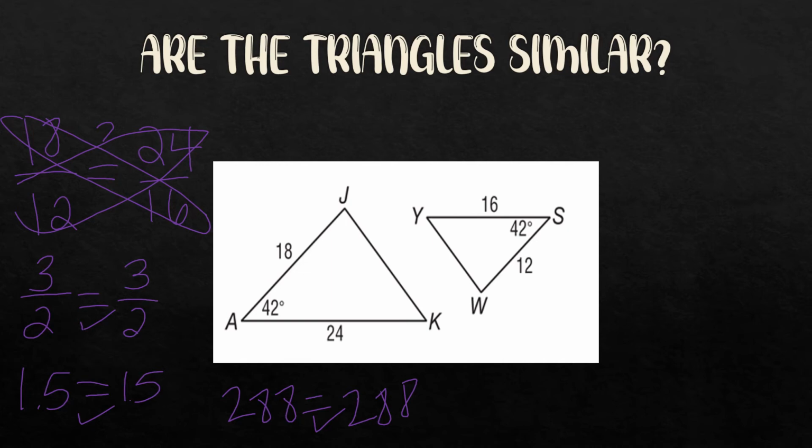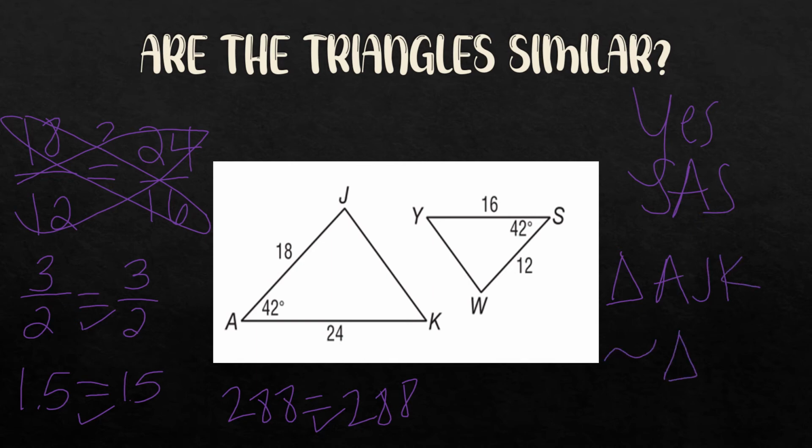Regardless of which way you do it, you should reach the same conclusion. So these are similar by side, angle, side. And our similarity statement is going to be triangle AJK is similar to triangle. If we start with A, we're going to start with S, and then WY.